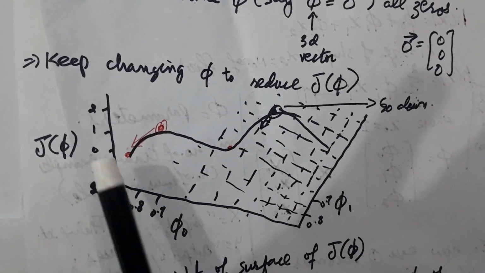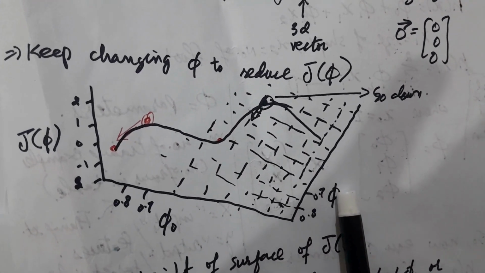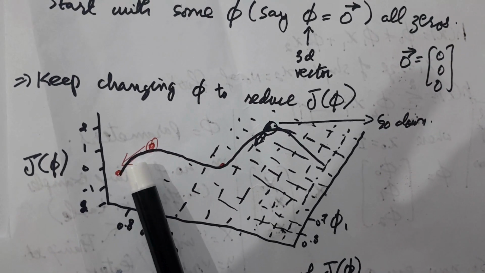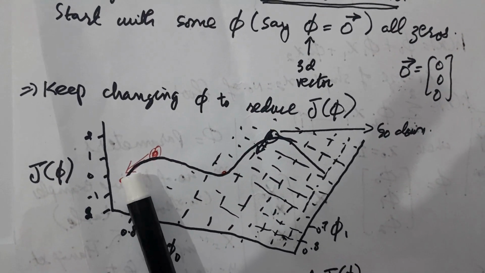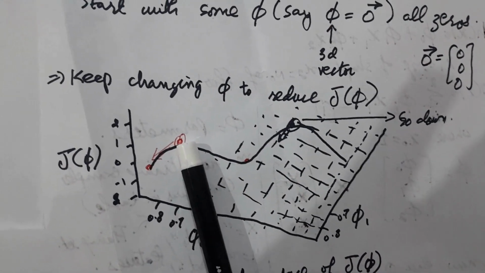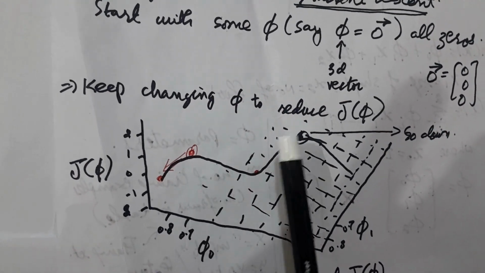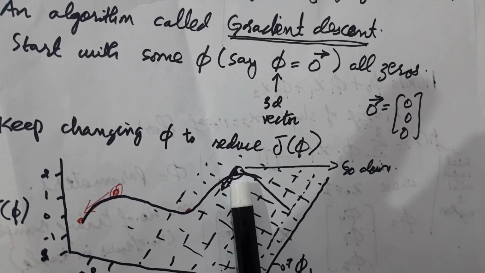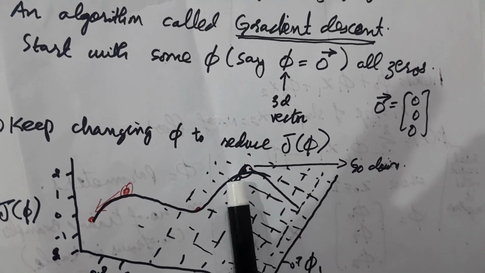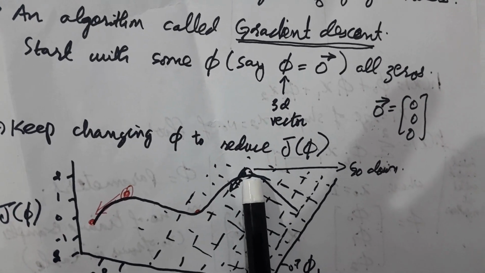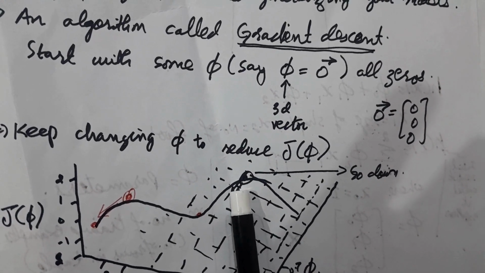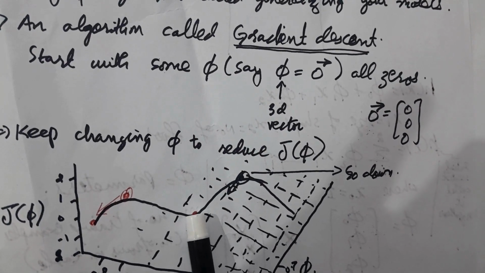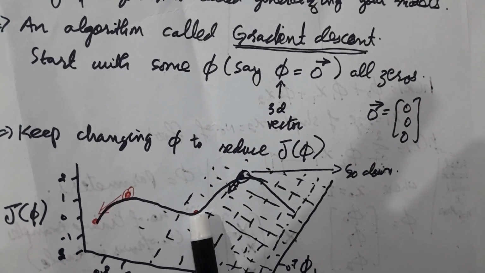So that is J(phi), that is phi naught, that is phi 1. I am going to draw, my drawing is not good, just to visualize it. If a person is standing here, shown in black, the person wants to go down. So he will take some step here, and some step here, and will reach there.